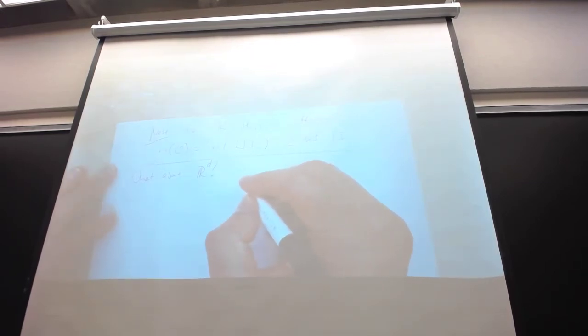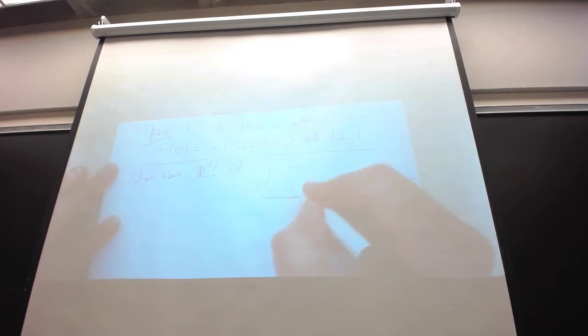Well, we can have a description. Let's say you have an open set. Here's my open set in R^2. So I can try to fill it with rectangles, maybe even closed rectangles. In fact, we're going to deal in a second with closed squares.